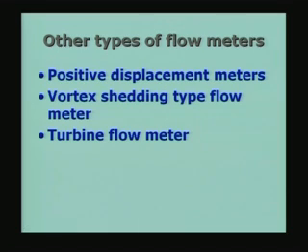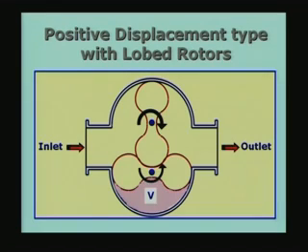The positive displacement meters, then I have got the vortex shedding type flow meter, and lastly the turbine flow meter. The positive displacement meters are characterized by, you have a device which is going to send a measured volume of the material from one side to the other side. So what do I mean by that?